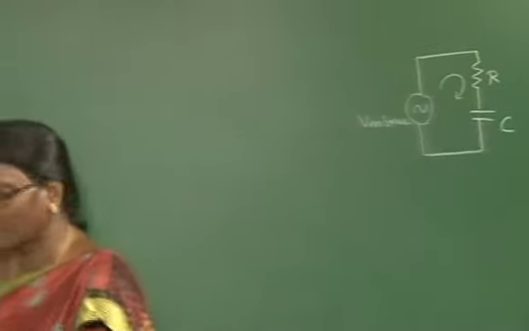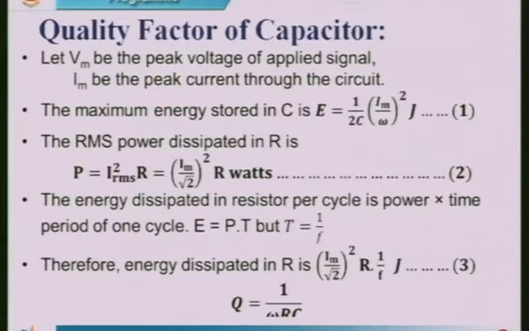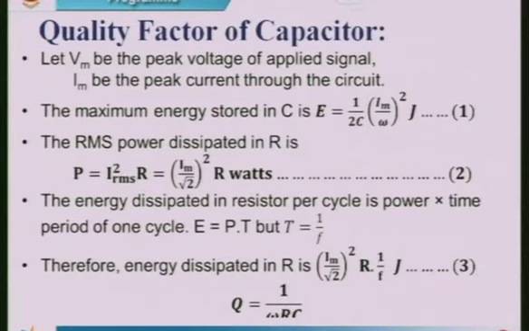Come back to the equations. Vm is the peak applied voltage and Im is the peak current flowing through the circuit. Again the equation for quality factor is 2 pi into the maximum energy stored in the capacitor to the maximum energy dissipated in the resistor per cycle.